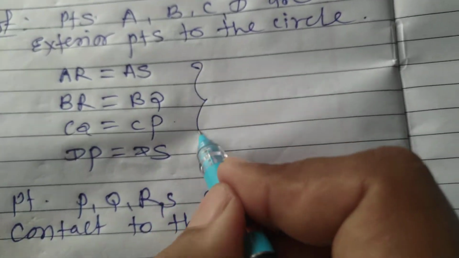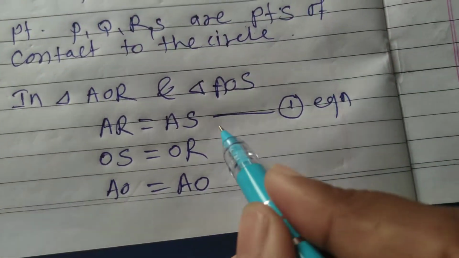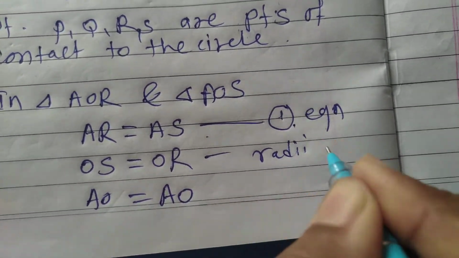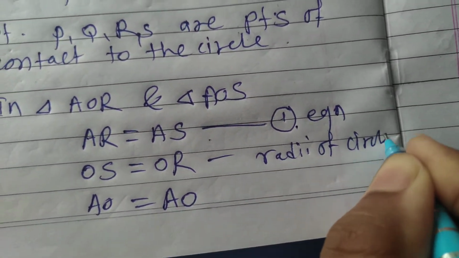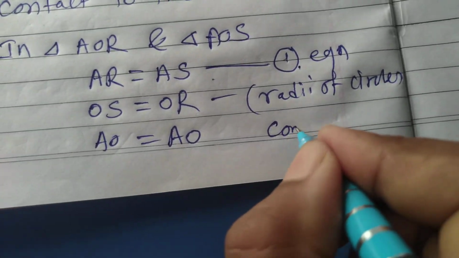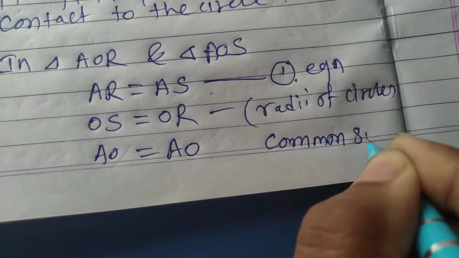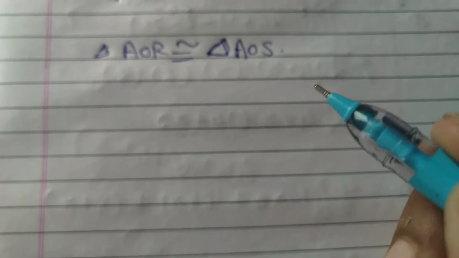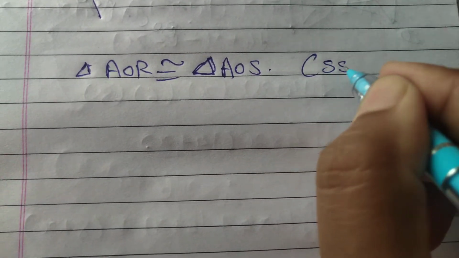Label this as equation 1. The second one is radii of the same circle, and the third one is the common side. Means the triangles are congruent: triangle AOR is congruent to triangle AOS, and the criteria is SSS.